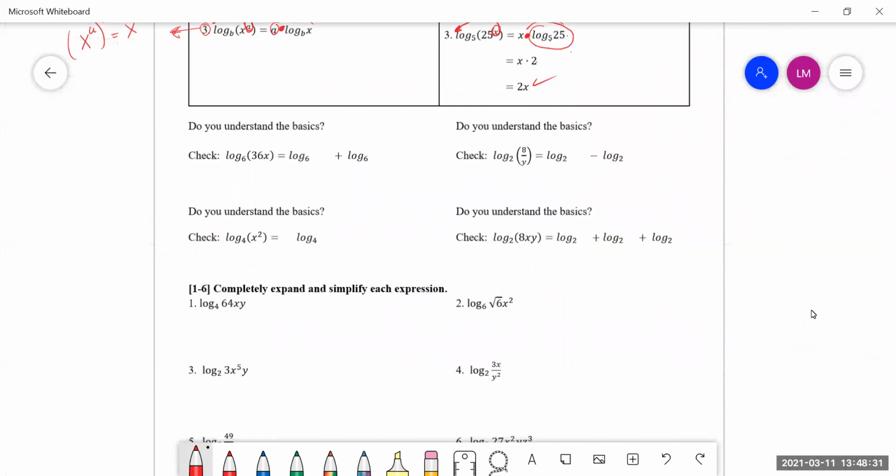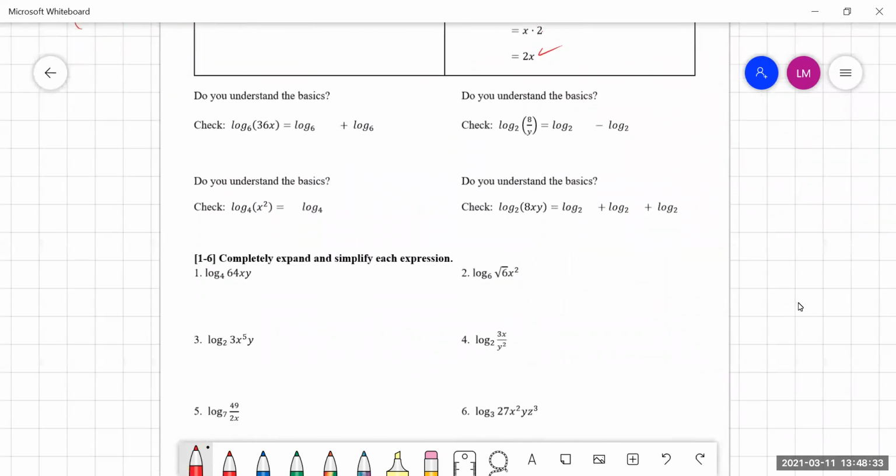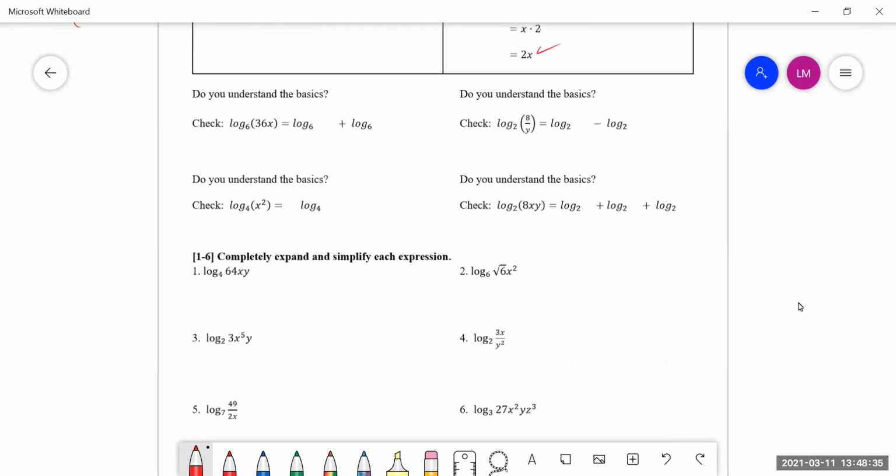I'm going to do one or two of these and I'll let you do the others, because we want to go into other problems. So take a look at over here. Let's check to see if you understand it. Log base 6 of 36 times x. So this is the condensed version. This is the expanded version.